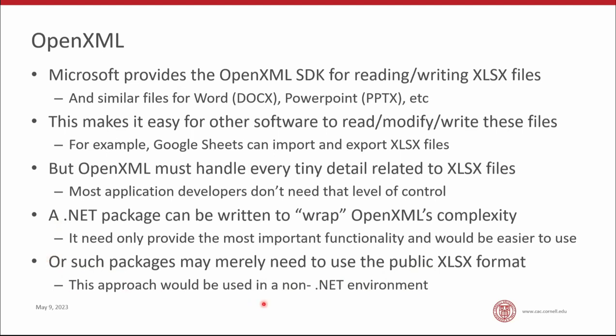And some of the packages we look at are probably written that way. In fact, one of the ones we see today for sure is written that way. It does not use OpenXML. It just uses the data format that underlies OpenXML. That's the approach that was used for the Python code we'll look at today.